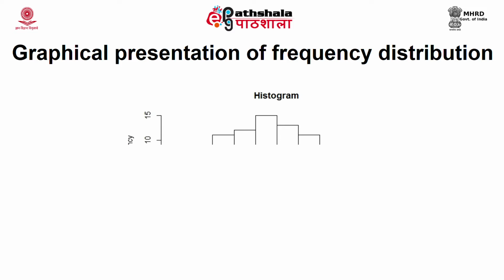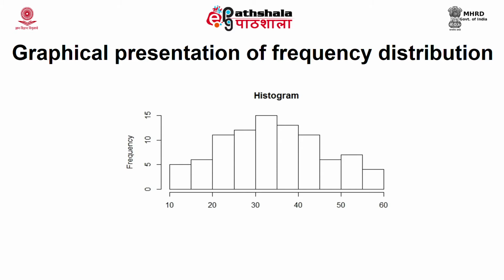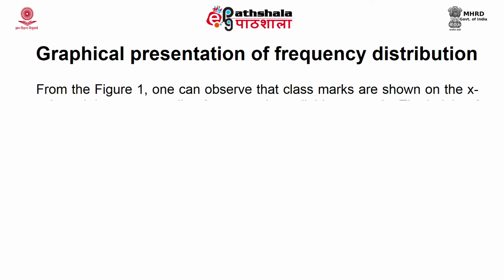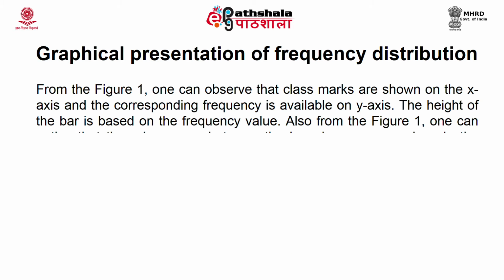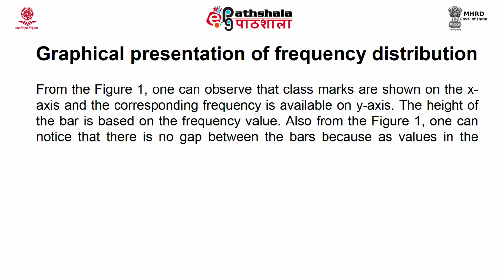From the graph you can easily see that as the widths of the intervals are the same, the widths of the bars are also correspondingly the same. So one can easily say that the width of the bars in a histogram may or may not be the same. That depends on the width of the class interval.